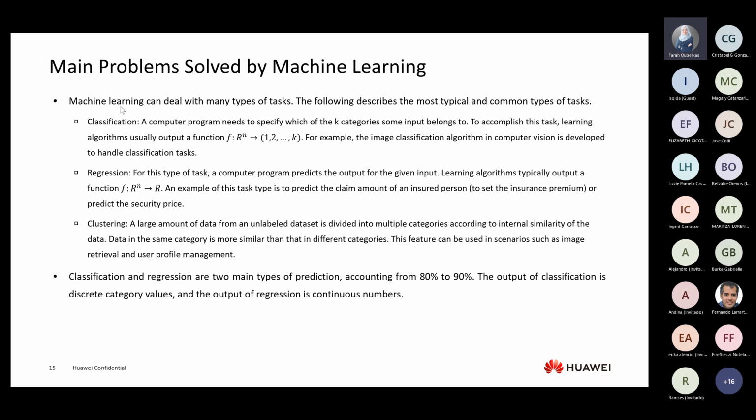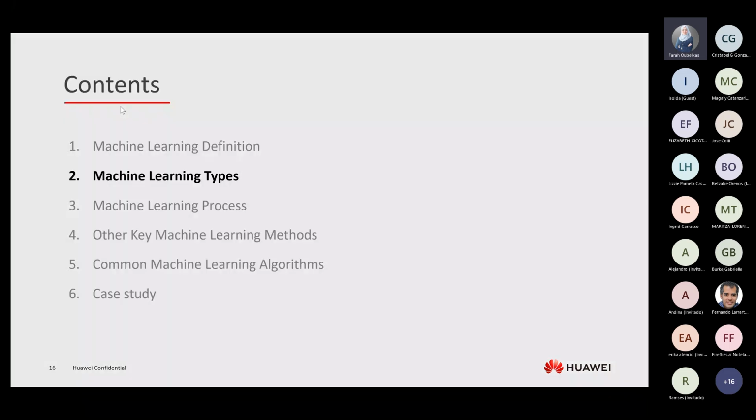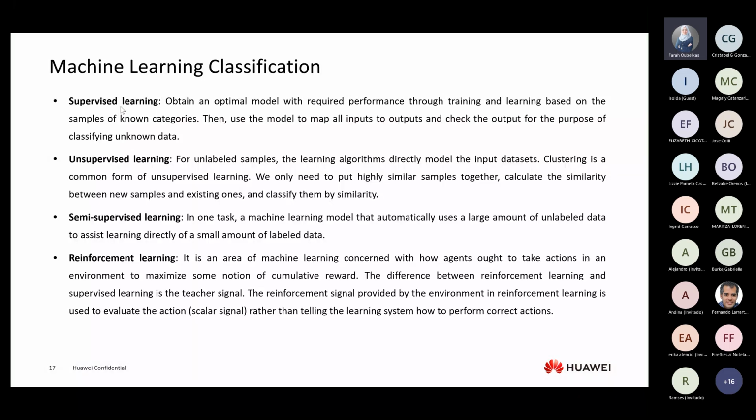Okay, I will jump to the types here. There are multiple types of machine learning, where we talk about supervised learning. In this type, we give a computer a bunch of choice questions or training samples, and we provide the standard answers, like a teacher.